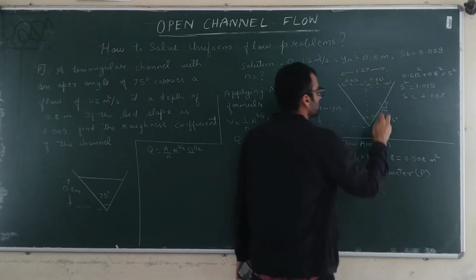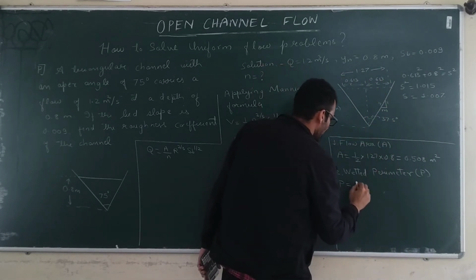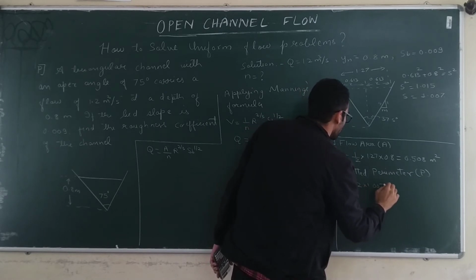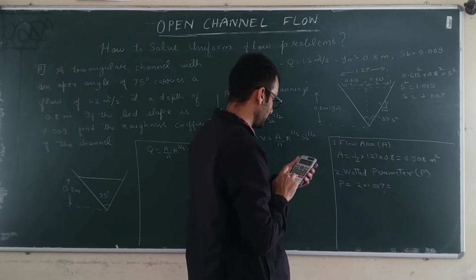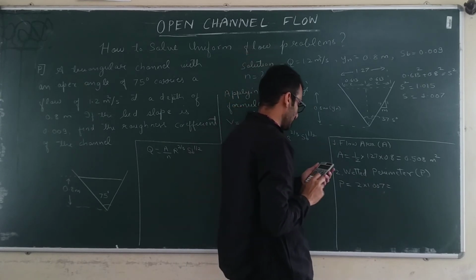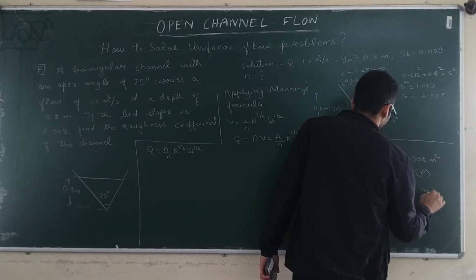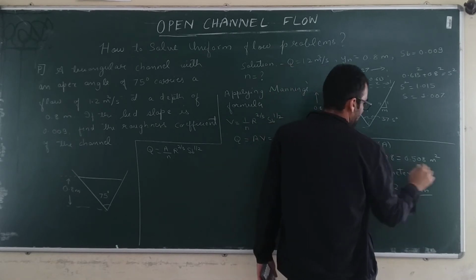So sloping length is 1.007. So your wetted perimeter will be 2 times 1.007, that is 2.014 meters. So this is perimeter, so it is in meters, area in meter square.